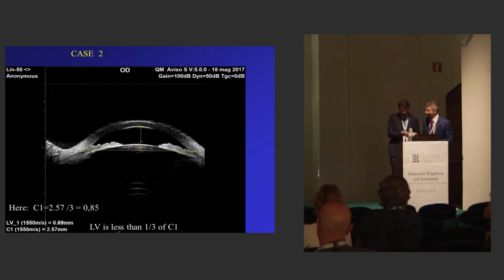the lens and the posterior surface of the iris. Another case: LV here is less than 1/3 of C1, but the angle is narrow.